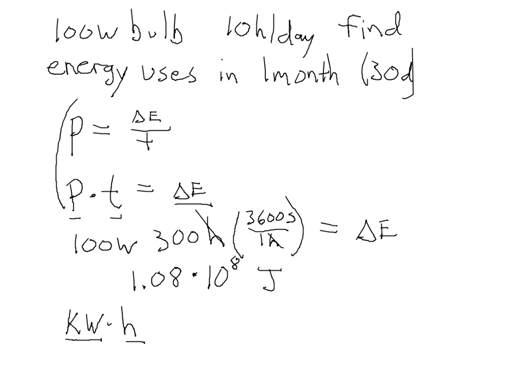Let's figure out how much energy our light bulb is using in kilowatt hours instead of in joules. Okay, well, 100 watts, I need to convert that to kilowatts. So you have 1 kilowatt is 1,000 watts. And then I need to multiply by the number of hours that the light bulb is on. Well, that's easy, 300 hours. We already figured that out, 10 hours a day times 30 days. So that's 300 hours.